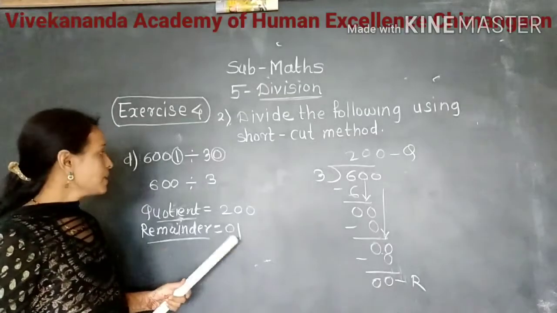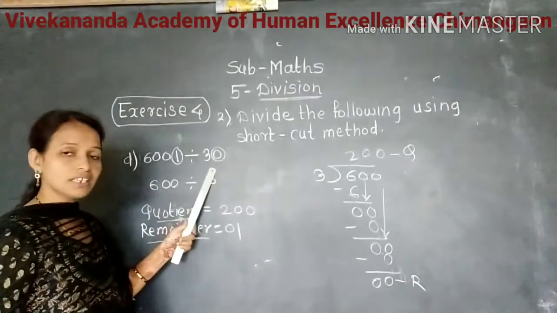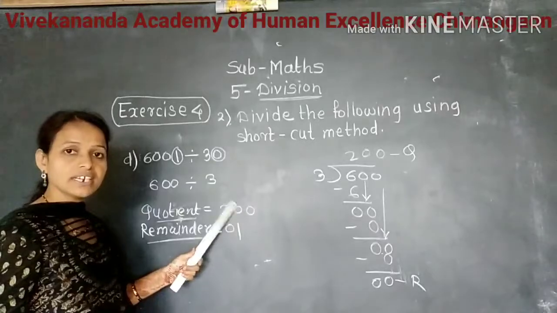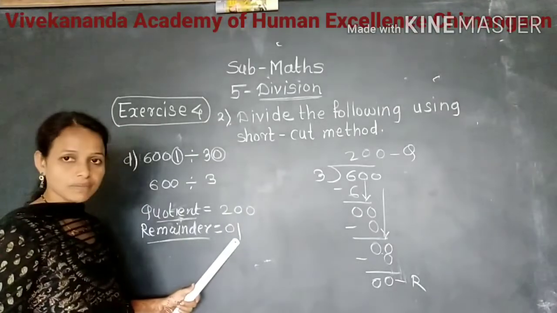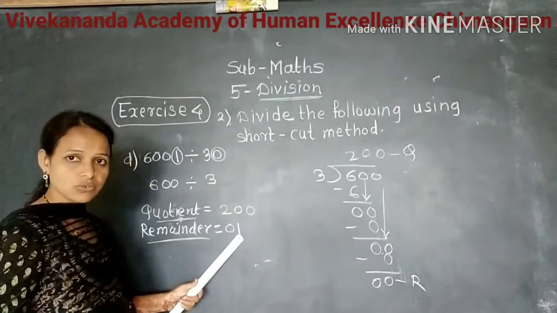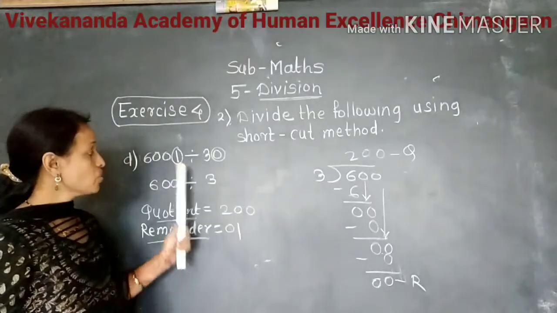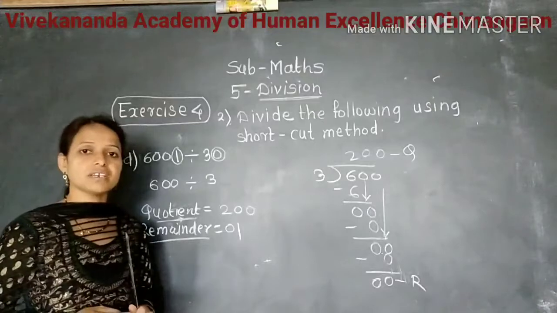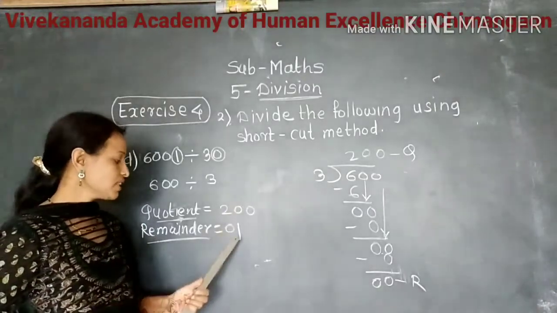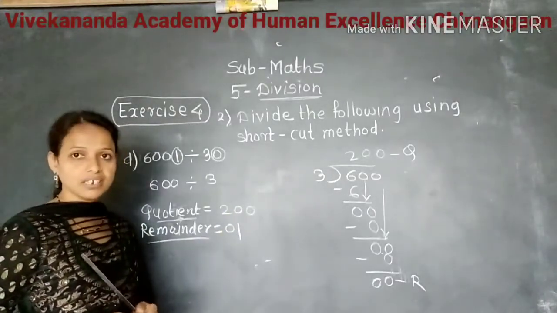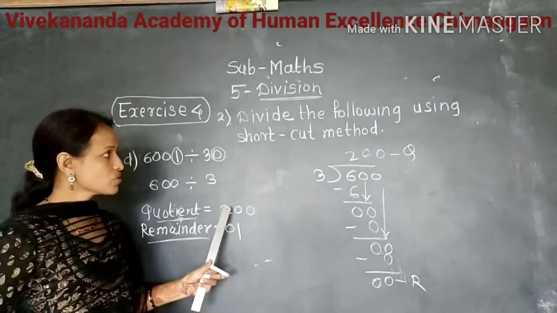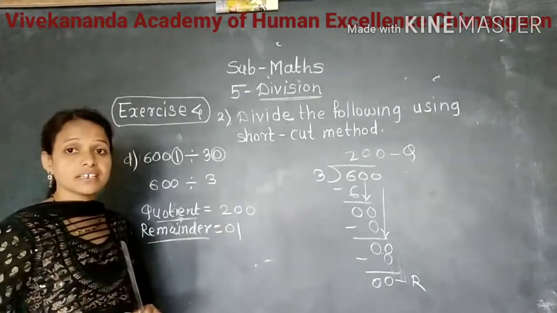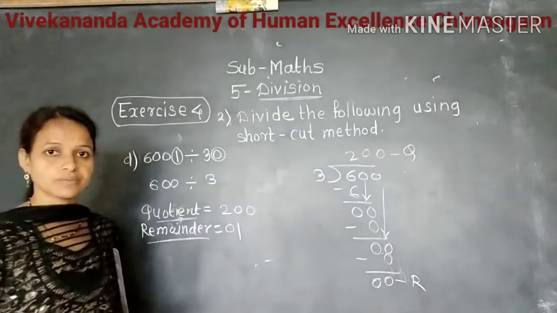In this way, by dividing 6001 by 30, we get quotient 200 and remainder 1. Understood? This is the required quotient and this is the required remainder, by the shortcut method.